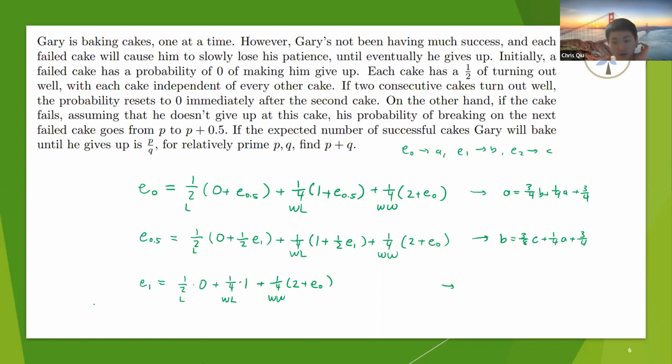So there's not going to be an E2 because he's never going to get to a probability of 2 of giving up. Oh, I see. Yeah, sorry about that. I see what you're saying. These are supposed to be E0.5 and E1. Thank you for catching that.